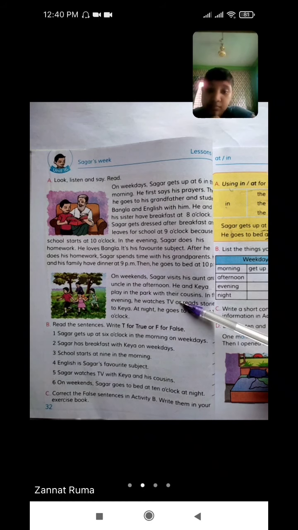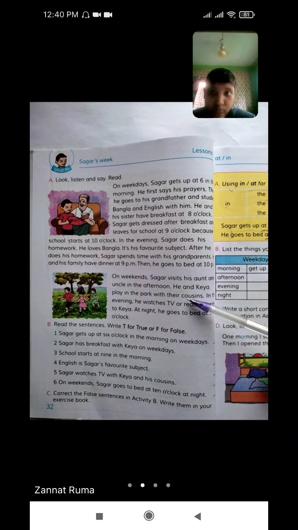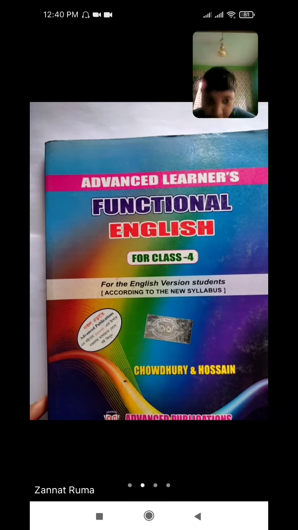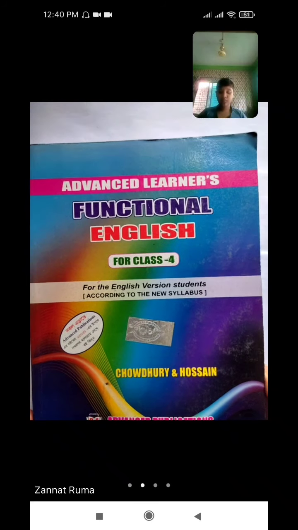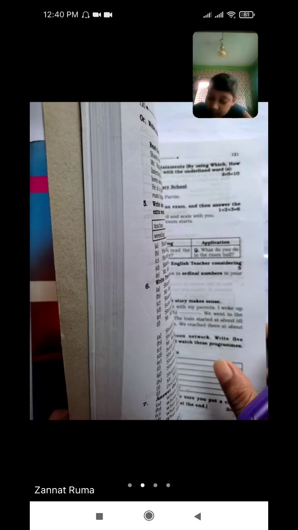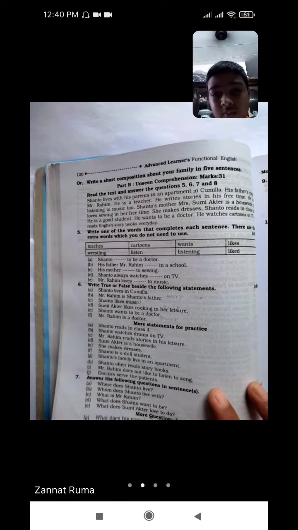Now, we are going to solve fill in the blanks, true false and matching from your advanced learner book. So you will take this book now, advanced learner, and open model question number 10.